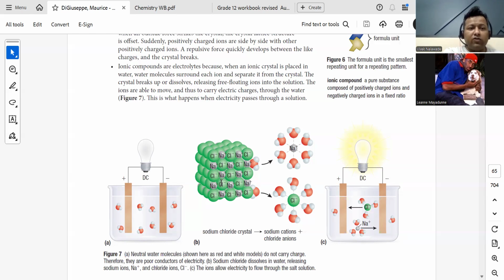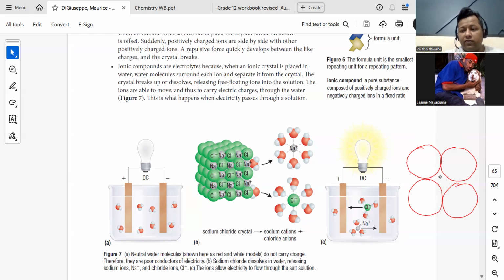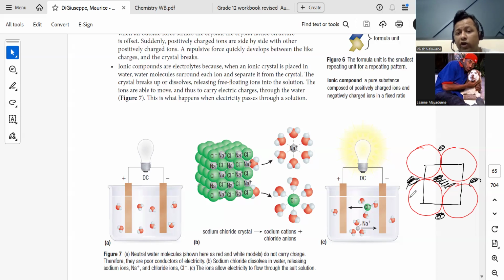Imagine it this way: the anions form the cube, and there is void space generated. The backbone, the skeleton, is the anion, and wherever there is void space, the cations can go and fit into that.